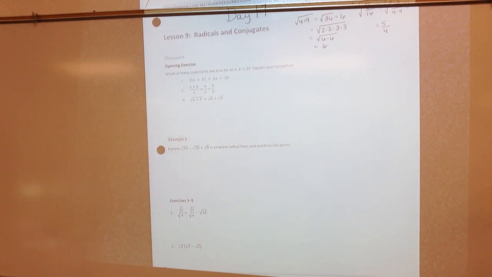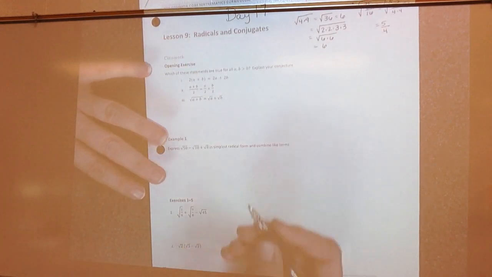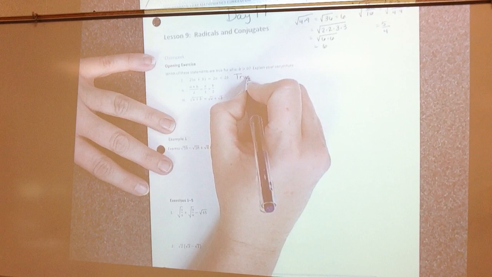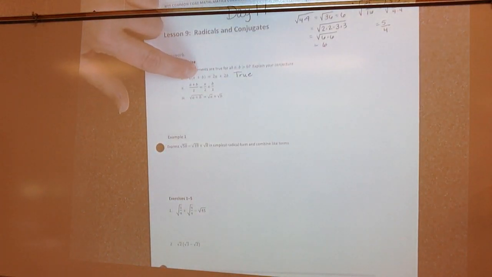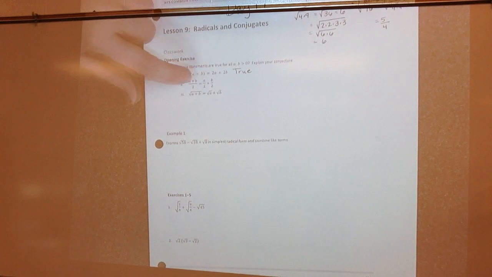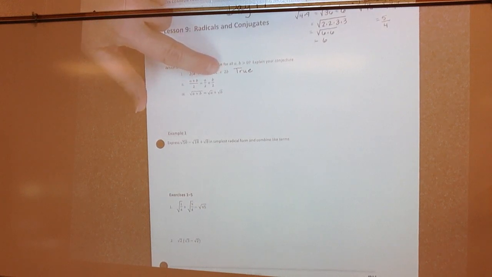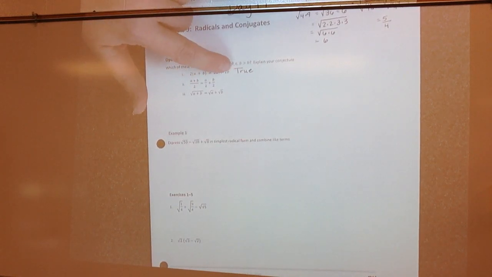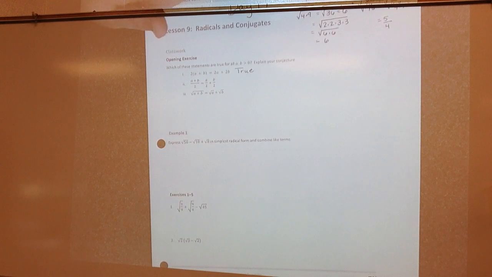Hopefully you figured out that statement number 1 and statement number 2 are true for all A and B. Statement number 1 is true because all I'm doing is using the distributive property. 2 times A plus B is the same thing as saying 2 times A plus 2 times B. So that one is true, no matter what I put in there.